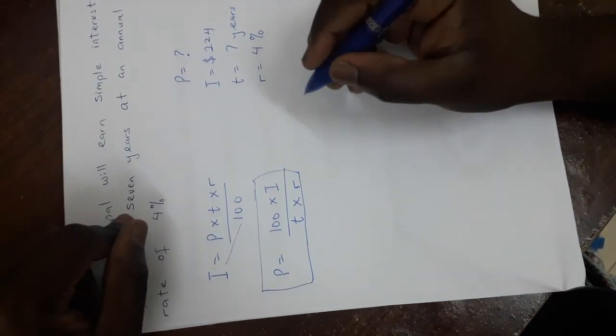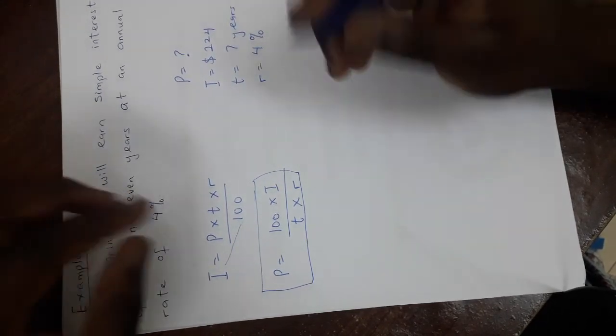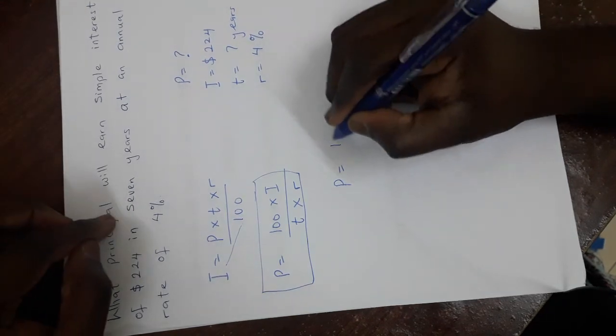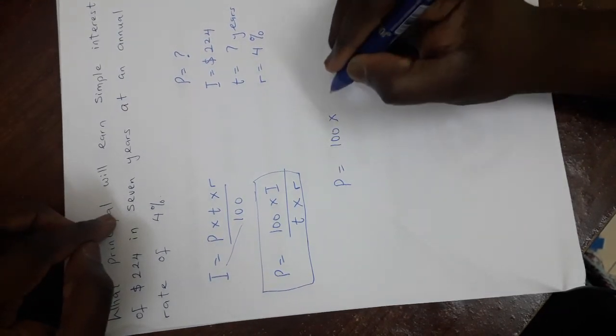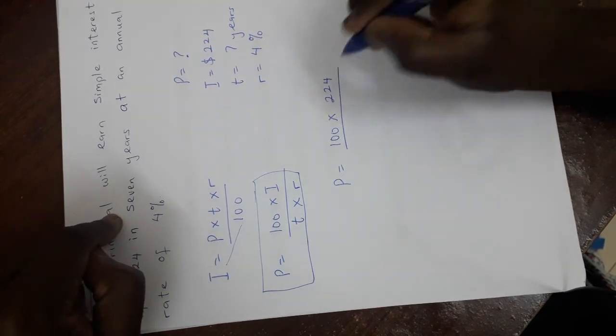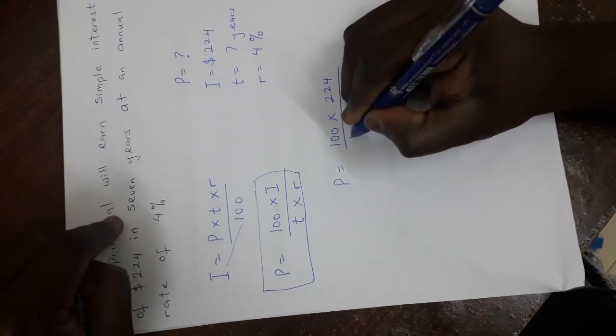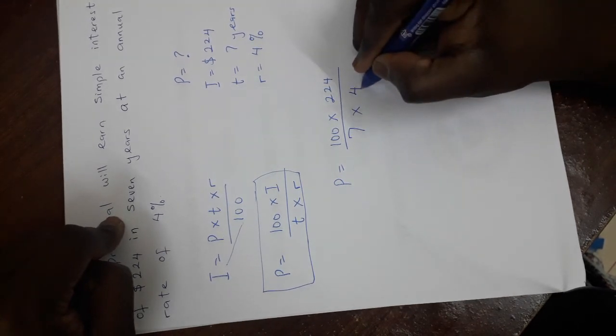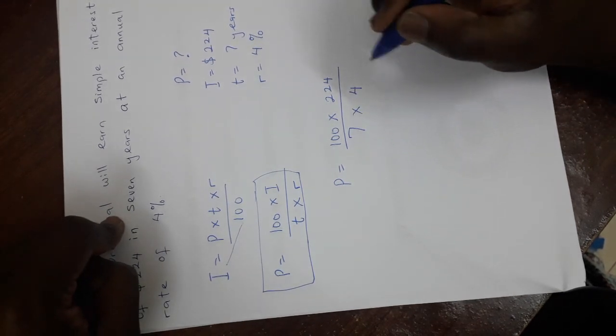Now this is very easy. We just put all of that into the equation. I have my 100. What is my I? Yes, 224 divided by what my T is? 7. Yes, my T is 7 multiplied by R, which is 4. You can see now.